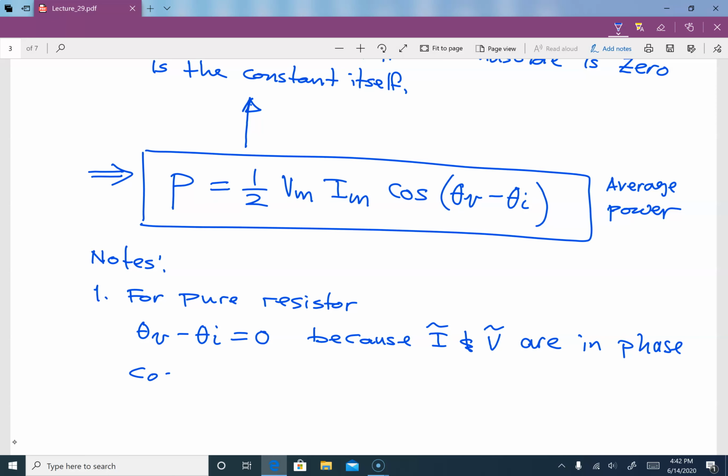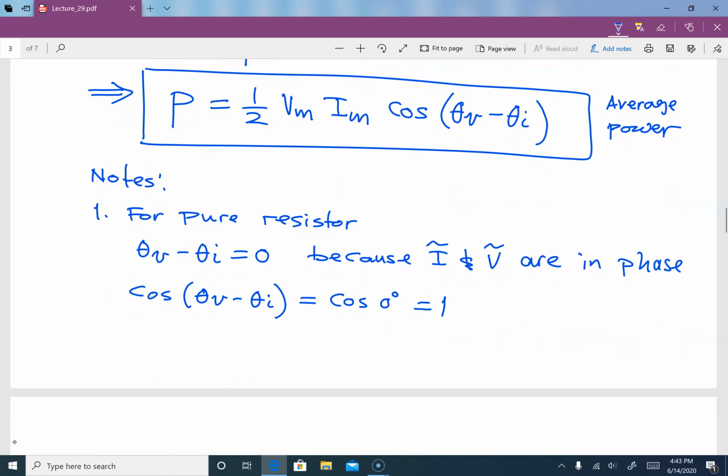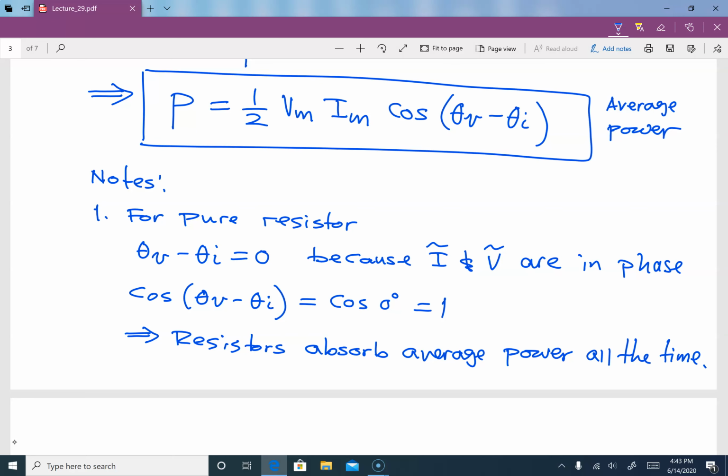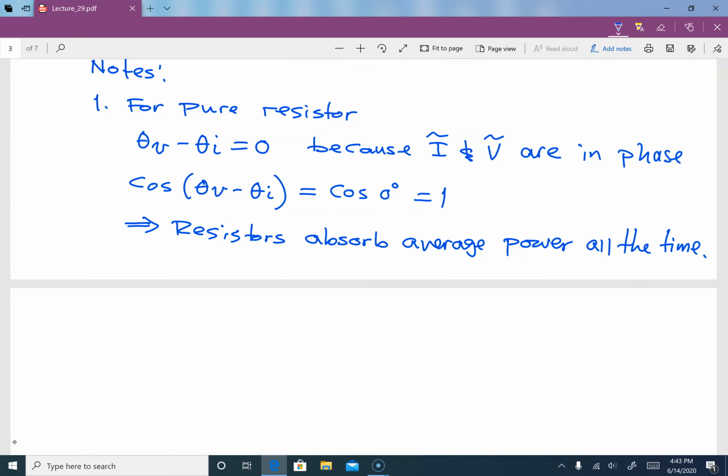So from that, cosine of theta V minus theta I is equal to cosine of 0, which is equal to 1, which means in this case resistors absorb average power all the time, always, because cosine of 0 is 1, so we will have a value for that expression.